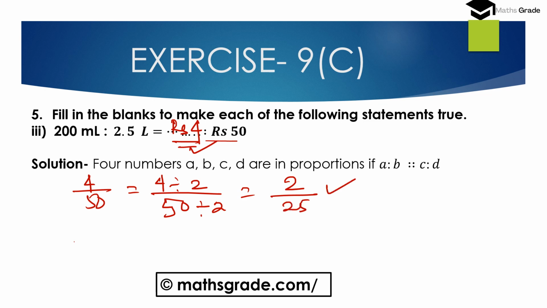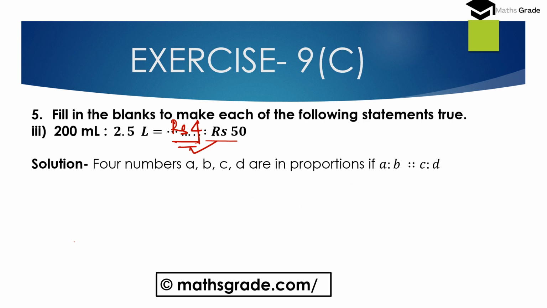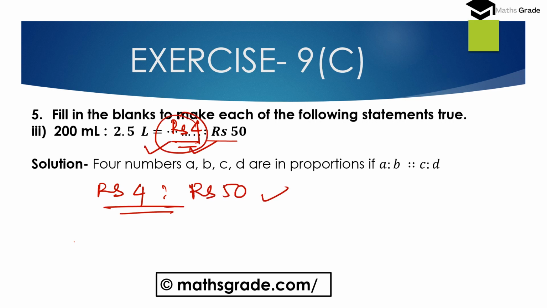And 200 ml is to 2.5 liter is also 2 divided by 25. We got that, so this is equal. So the missing term will be 4 rupees. 4 rupees is to 50 rupees. 4 rupees is the answer.